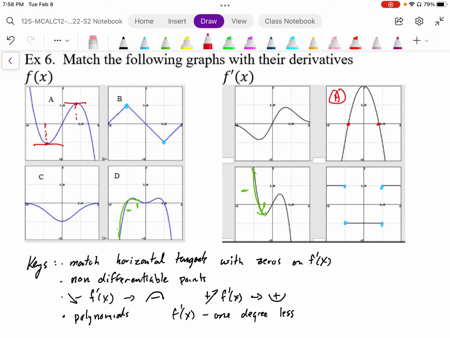Okay, if we take a look at the slopes, we have here negative slope, and we have negative y values. That's going to be, again, negative slope here. We have positive slope in here. This is all positive y values, so it's going to be positive slope through there.